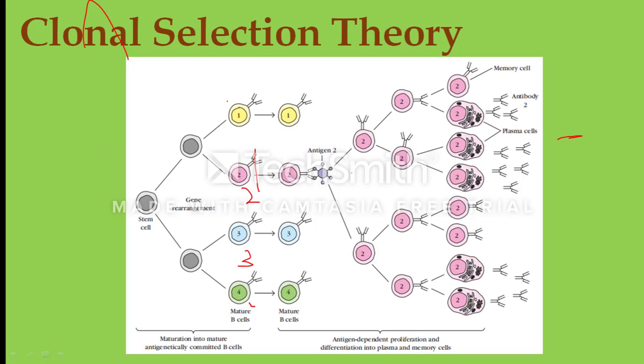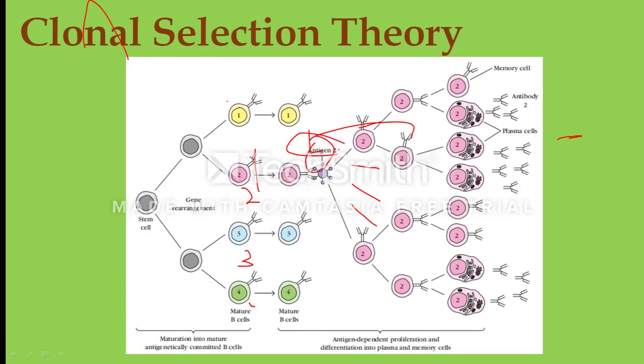And when pathogen 2 or antigen 2 enters, for example the B2 cells will be selected to clear off antigen 2, and they undergo repeated division. And all the cells will have the specificity towards the same antigen.